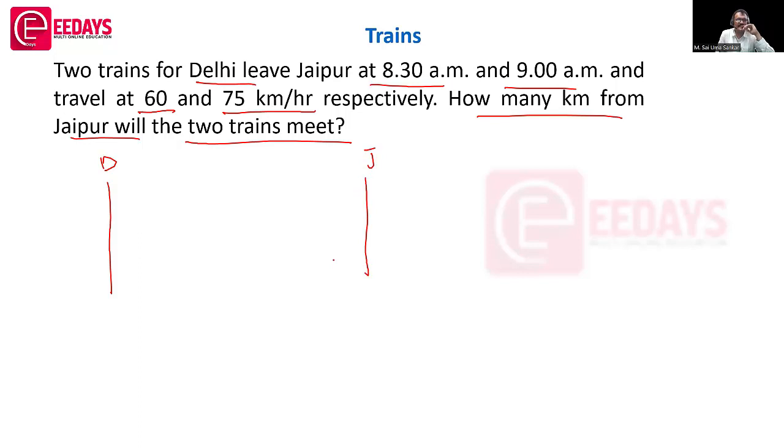Okay, next, two trains leave Delhi and Jaipur.